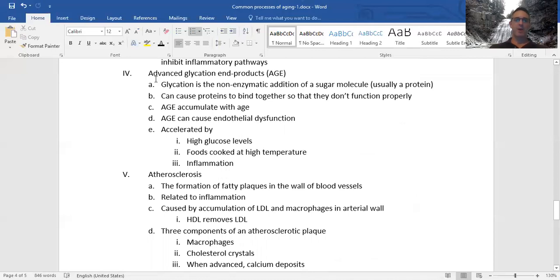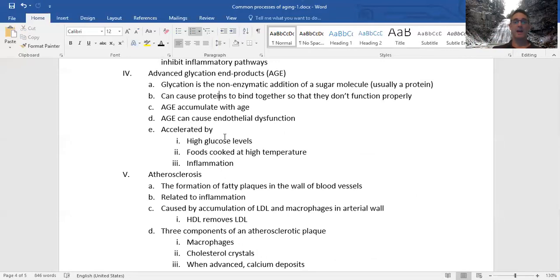Right, the next common process of aging, advanced glycation end products, or simply AGE, advanced glycation end product. All right, so what is glycation? Let me back up just a little bit. We can add sugar molecules to other molecules in the same way that we have the phospholipid is a phosphate group on a lipid.